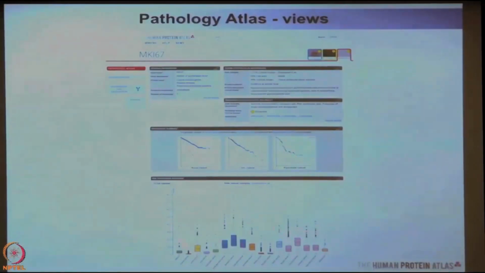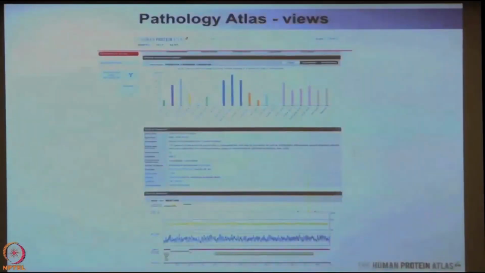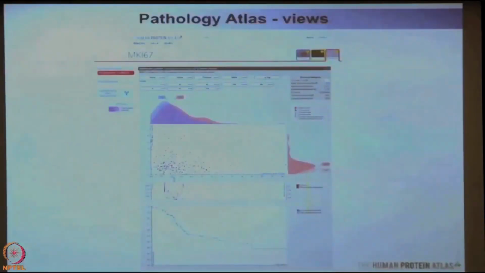Then, of course, we show the TCGA data, the raw data from the RNA sequencing. And when you go further into the pathology atlas, you can see the protein data, the annotation data done here in India, and then some background on the different genes. What we then introduced was these survival scatter plots, and I'll come back to that in a slide or two.